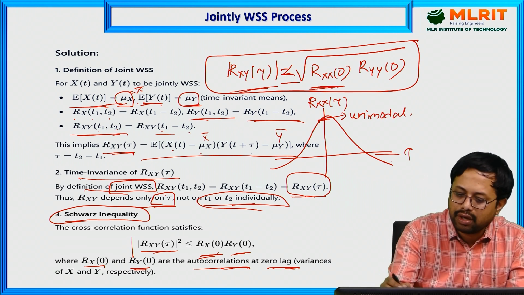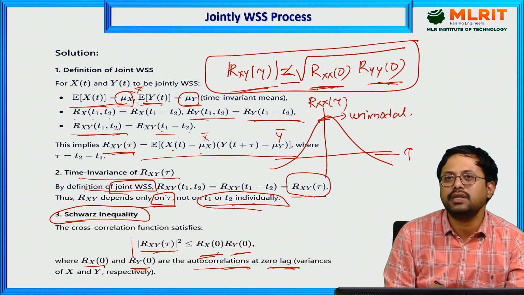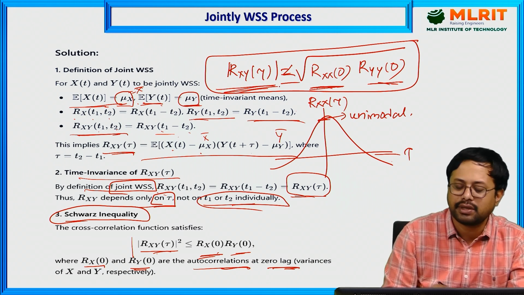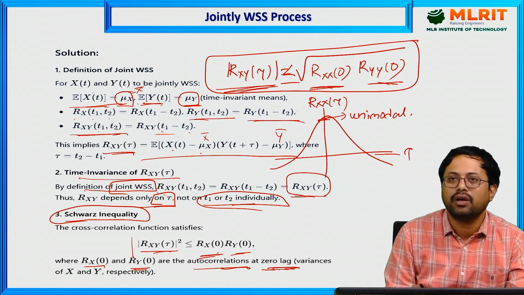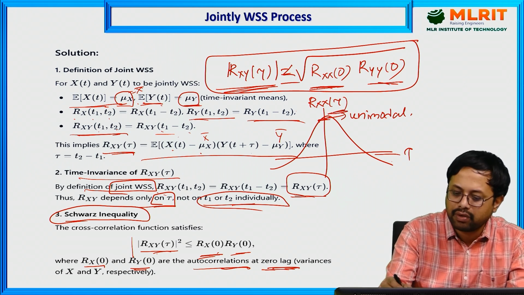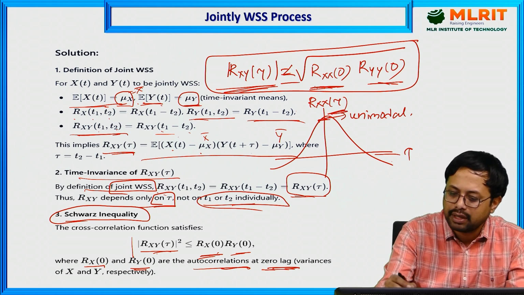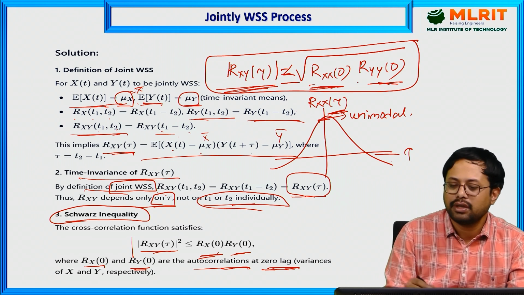Then the product of these is related to the cross correlation function. Here we do not have any time lag, since we substitute tau equal to 0. The product is also called the geometric mean.